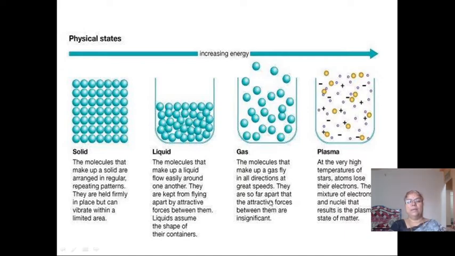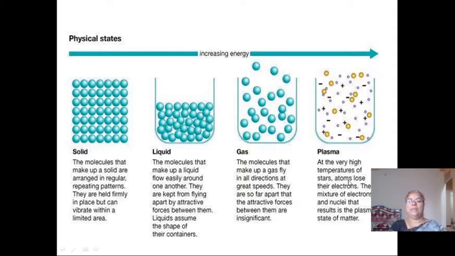And again there are less attractive forces in between the gas molecules as compared to liquids, and gases have a low density, low viscosity.